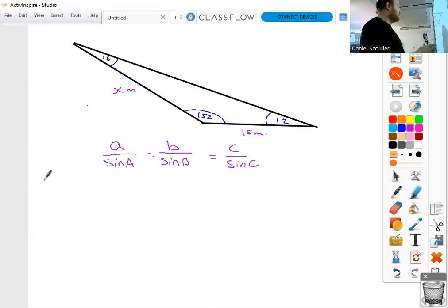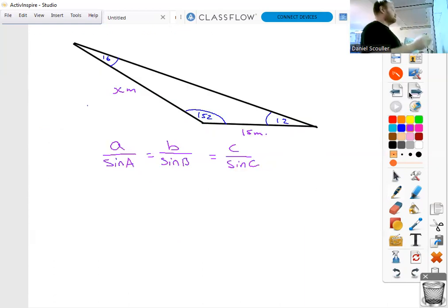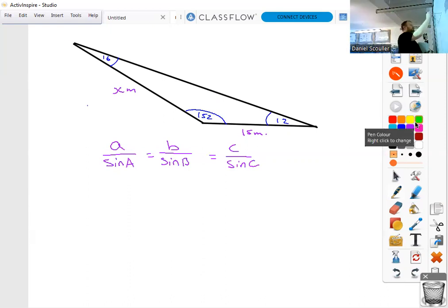Now, how do I label up that triangle? I've completely isolated it, taking it away from that ACD. I can either put on my own labels or use the same letters. I'll use the same letters.